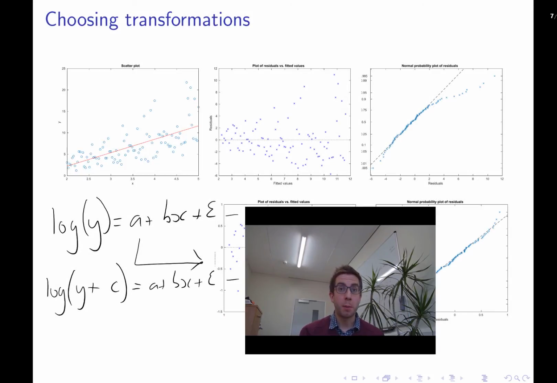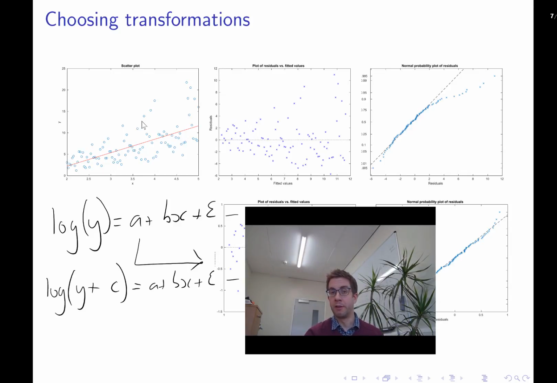So for any given problem, it's possible to try a variety of transformations to get a good model. So transforming the x variables, the covariates, and transforming the y variable, the response. In general, the scatter plots, like we have up on the left here, are only useful for one-dimensional problems, where you have a one-dimensional x variable, or simple linear regression problems.